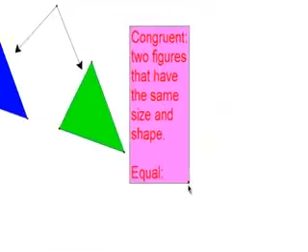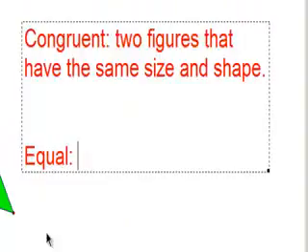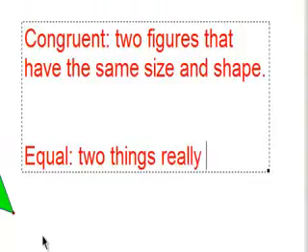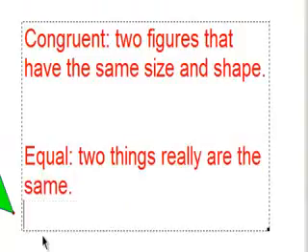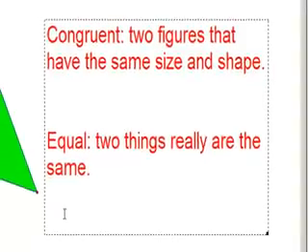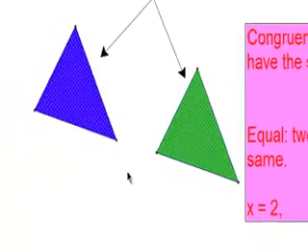Now, if I say that two things are equal, what I'm saying then is that these two things really are the same. So, for example, if I say x equals 2, then I'm saying that x and 2 are the exact same thing. But in the case of these figures, this blue triangle and this green triangle are not the same exact thing.